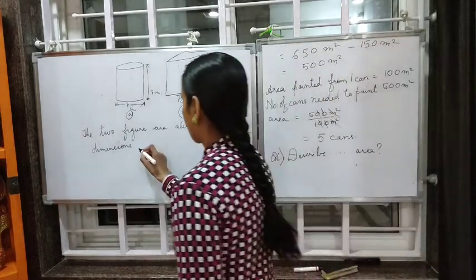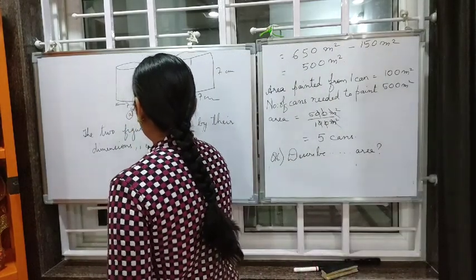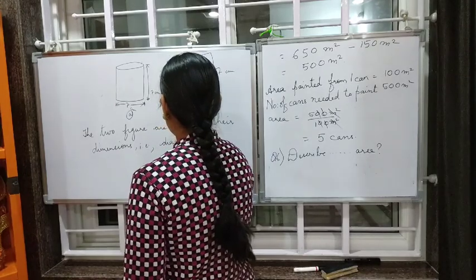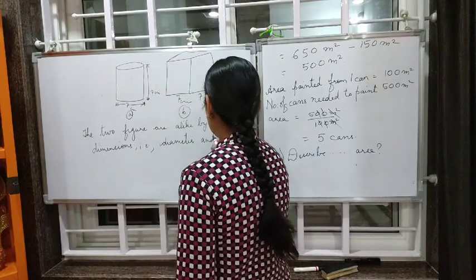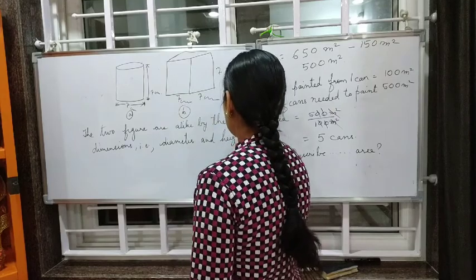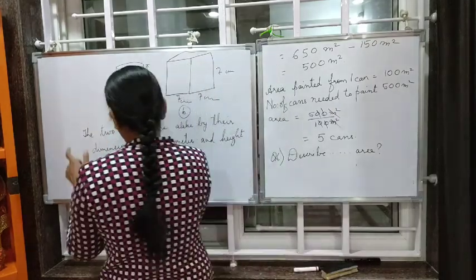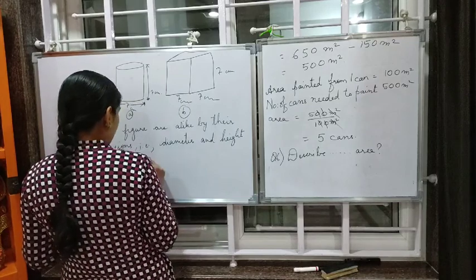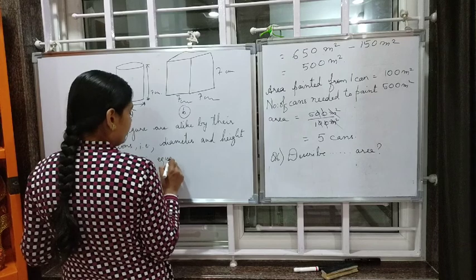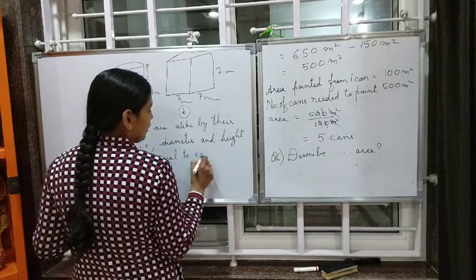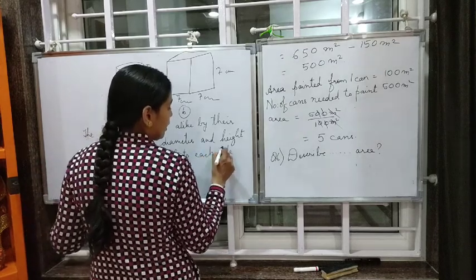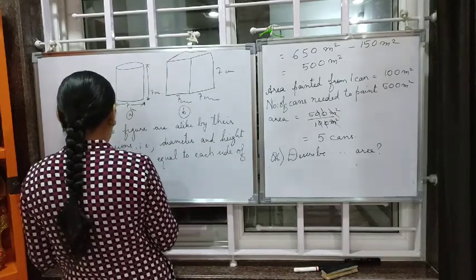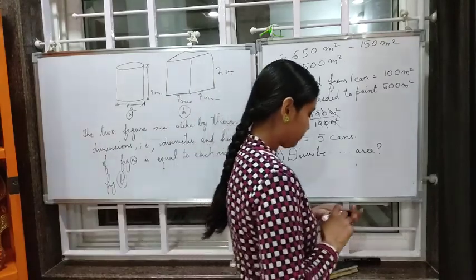That is, the diameter and height of figure A is equal to each side of figure B. Yes or no?